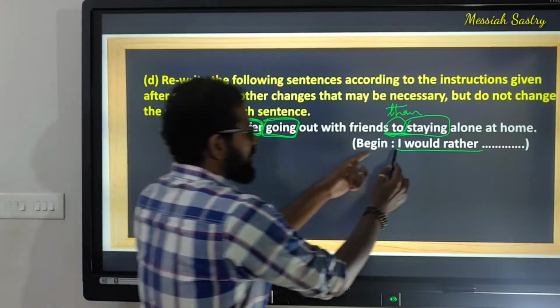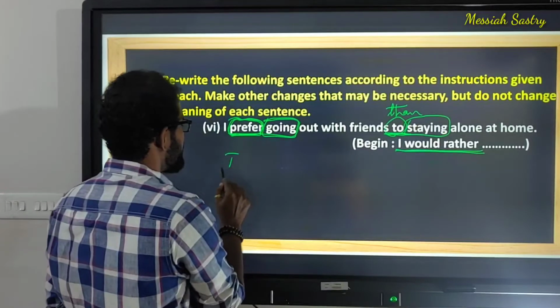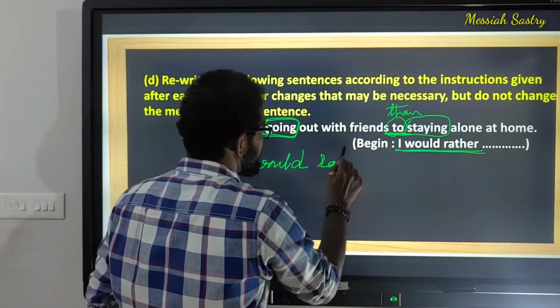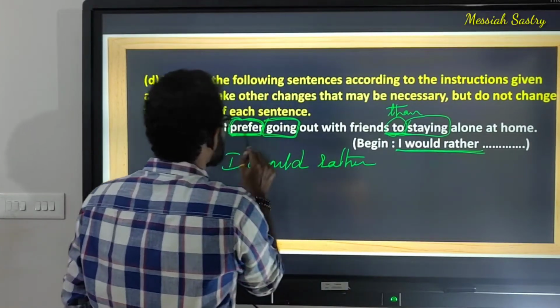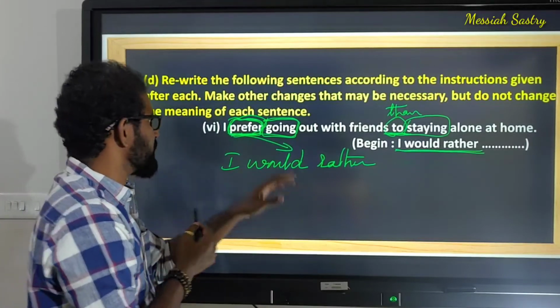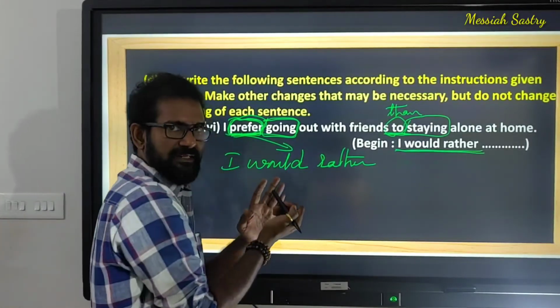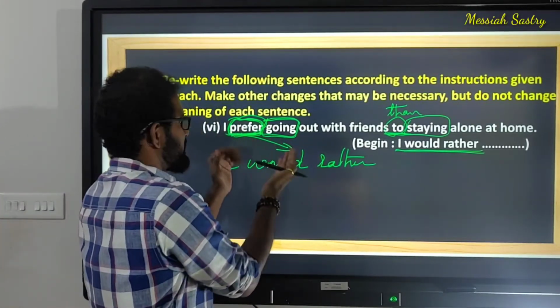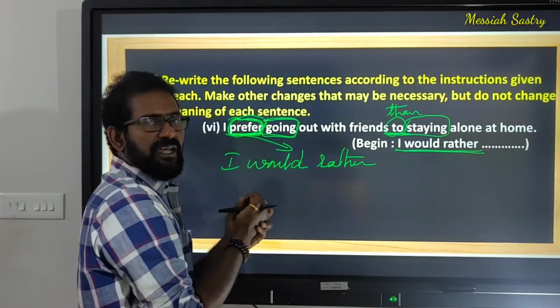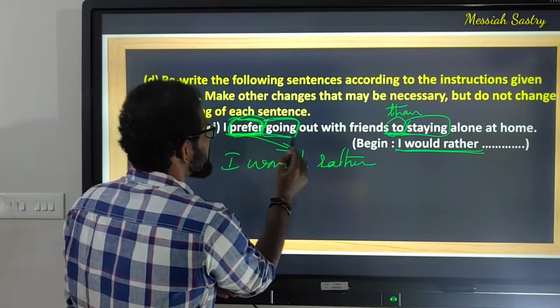After prefer. Now we are asked to write would rather. I would rather. In place of prefer, I would rather or prefer, the meaning is the same. There is no difference between using prefer and I would rather, so they can be replaced. Now we need to worry about the things here.